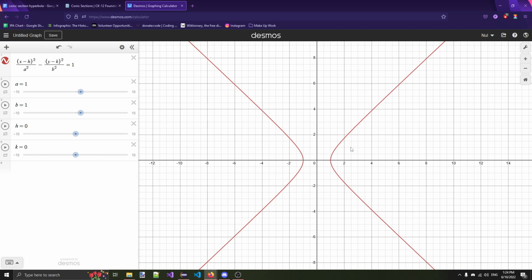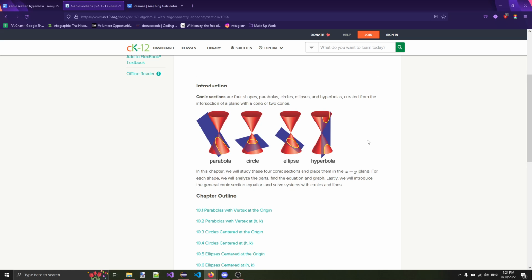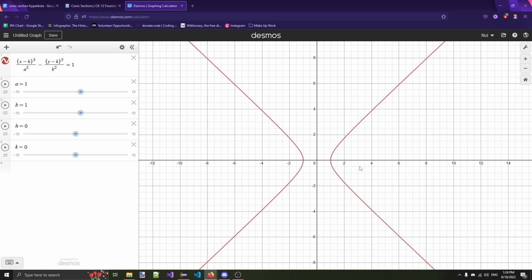The foci on a hyperbola are always further from the center than the vertices, whereas on an ellipse the foci are closer to the center because they're inside the curve.